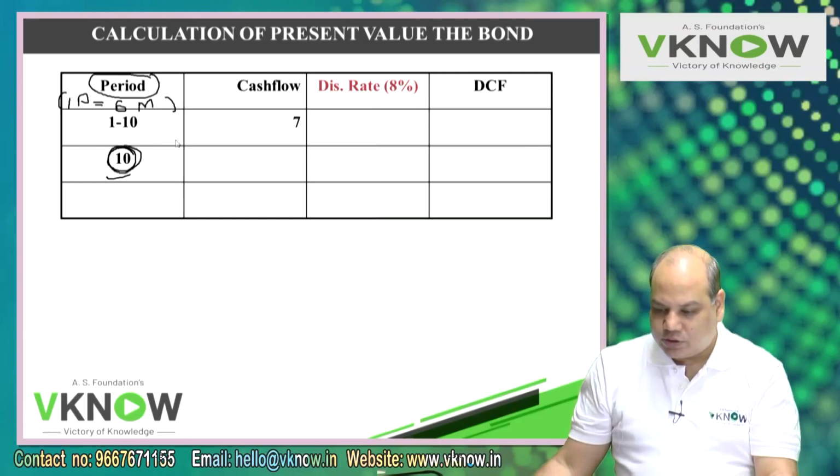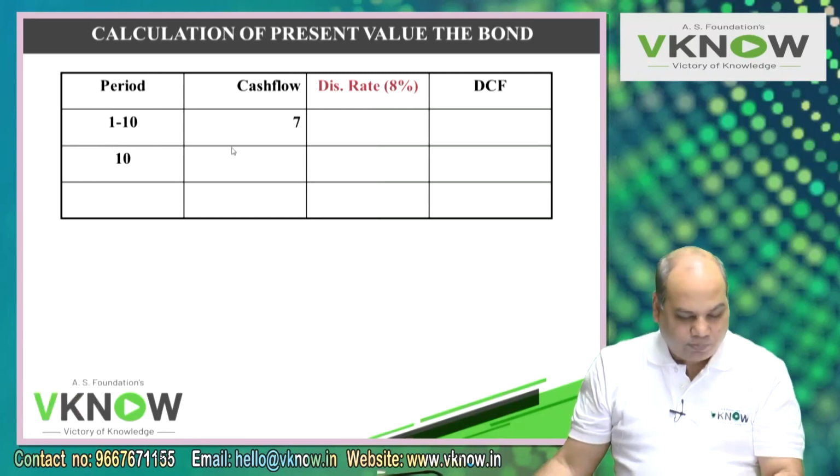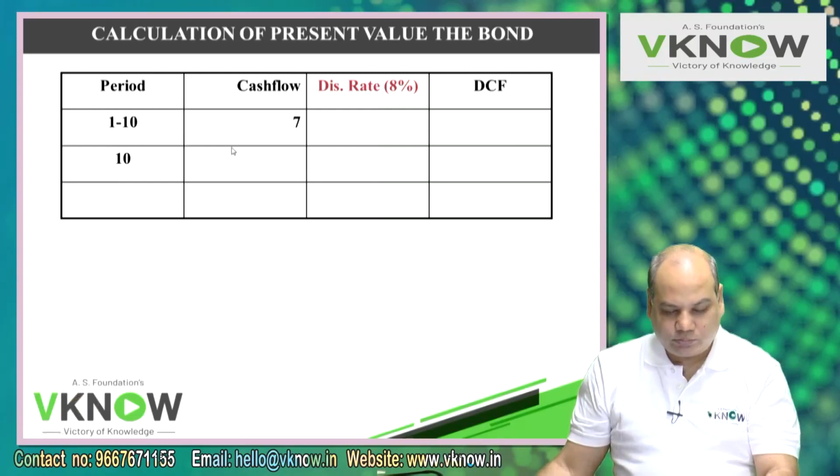So as we have discussed, 1-10, in the particular column, write coupon 7, and then in the next line write down redemption value 100 after 10th half year. This is not 10th year, this is 10th half year.